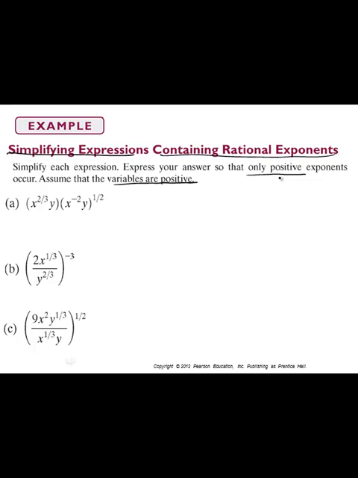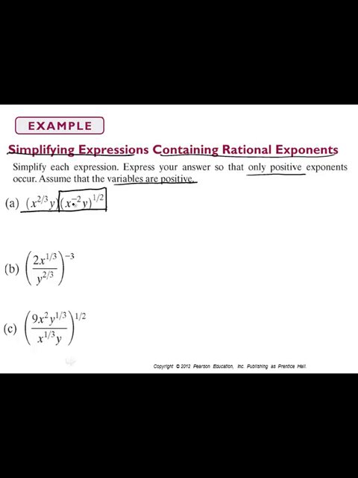All right, so here we go. Now, as we look at x to the 2/3 power times y times x to the negative 2 times y raised to the 1/2 power. Now, this right here means you have to focus on the second factor first, dealing with that power.